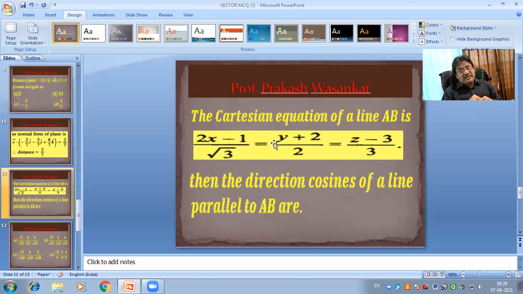We convert the given Cartesian equation. For this, from the numerator, take 2 common. If we take 2 common, then we get 2 in bracket (x minus 1/2), upon root 3, equals (y plus 2) upon 2, equals (z minus 3) upon 3, as it is.